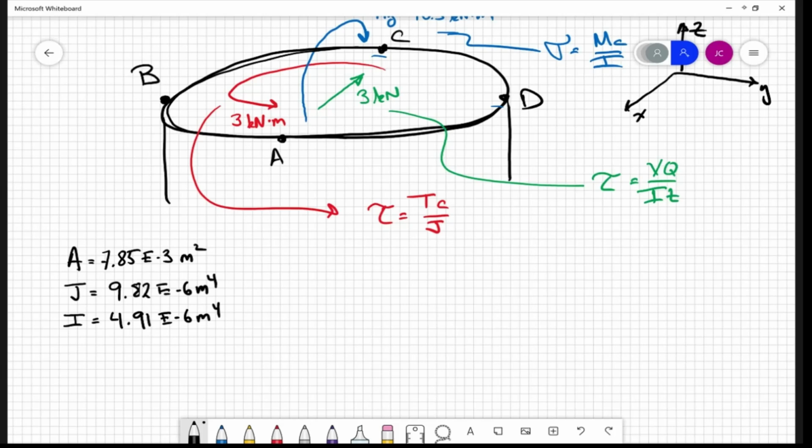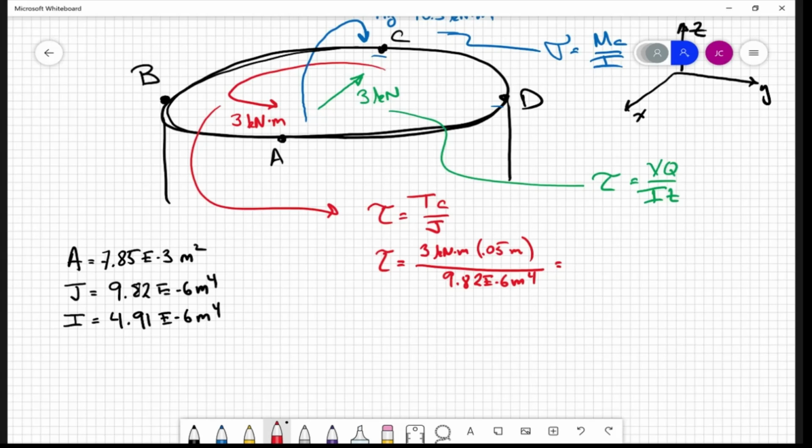All right, so let's first do the TC on J. In this case, tau equals TC on J. The torque is 3 kilonewton meters. The C is the radius, which is 0.05 meters, and that's going to be over J, which is 9.82 times 10 to the minus 6 meters to the fourth.